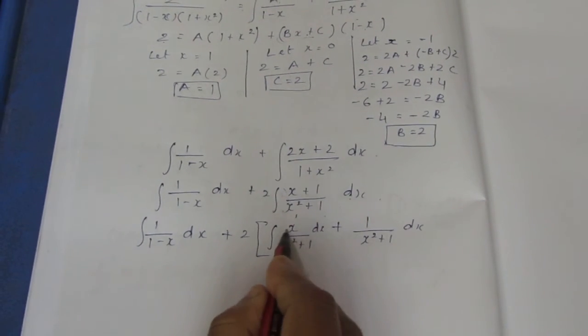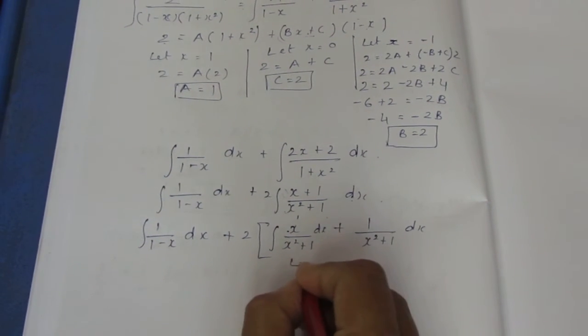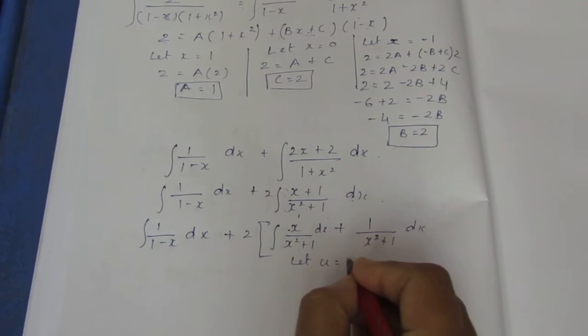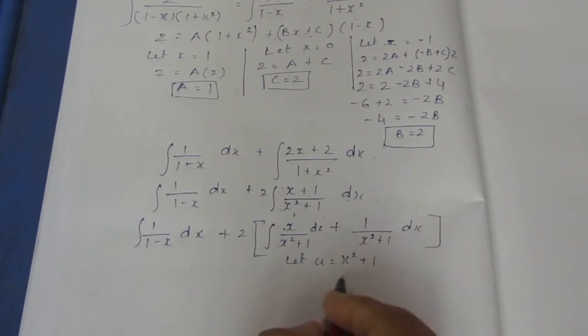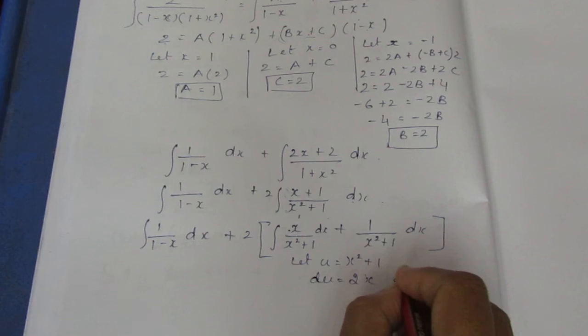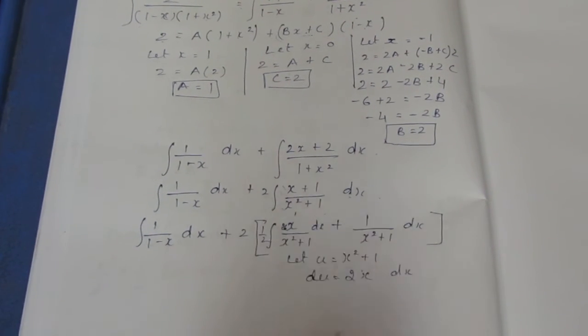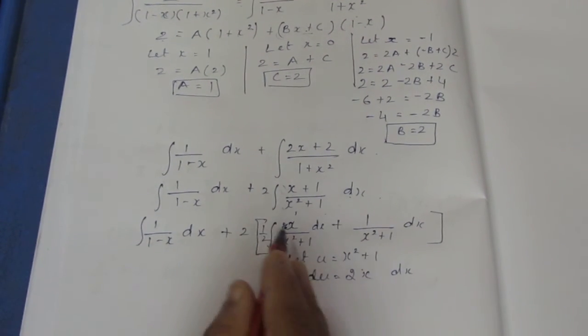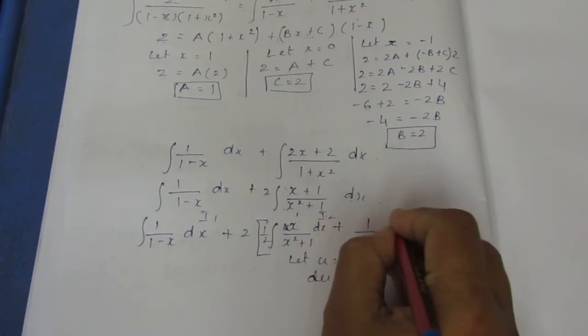Now for the integration of this, let u be equal to the denominator, that is x square plus 1. du is equal to 2x dx. So I will multiply here by 2 and divide by 2 here. Now we know that this is the differentiation. Let me take these to be I1, I2 and I3.